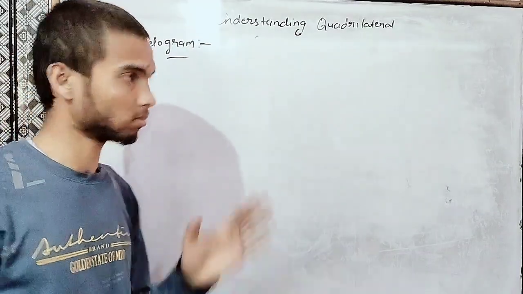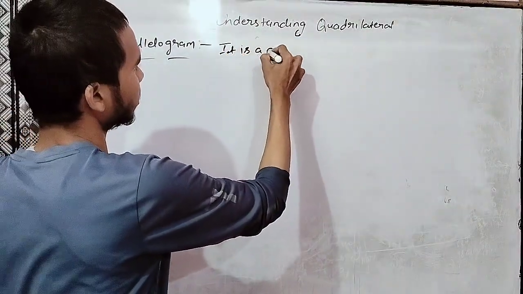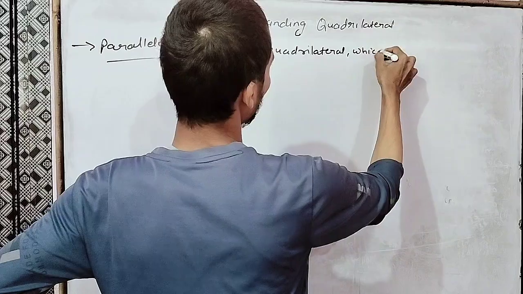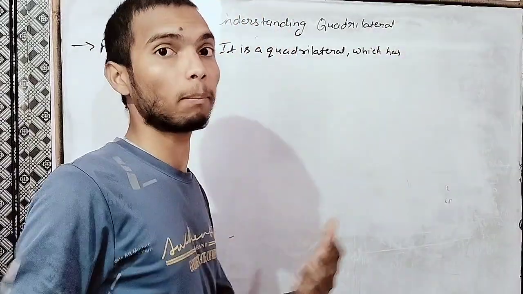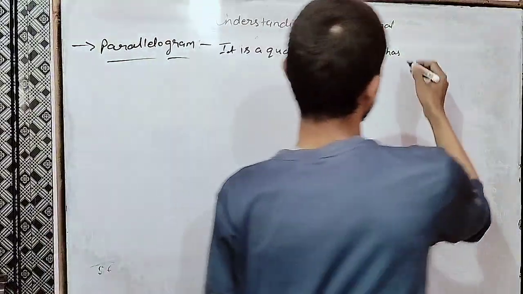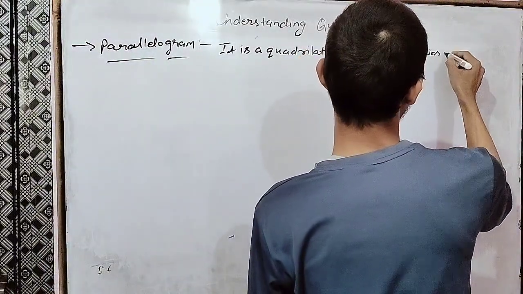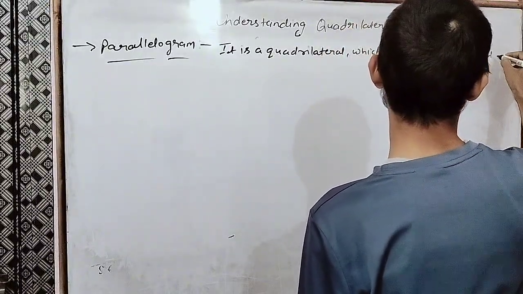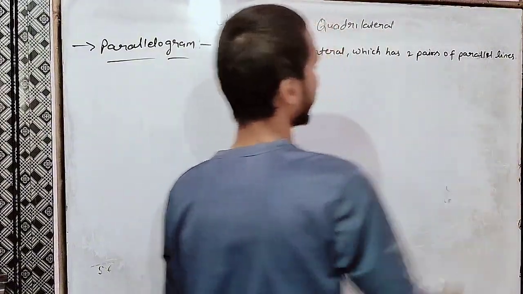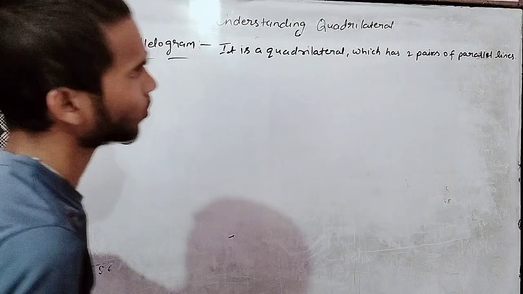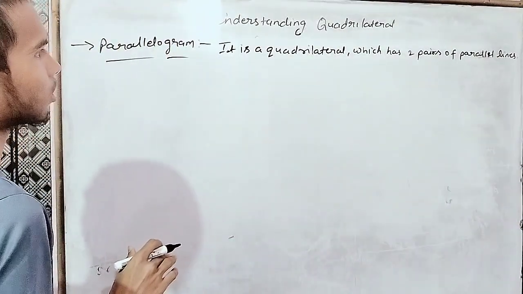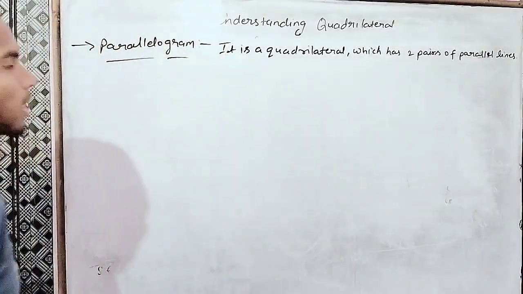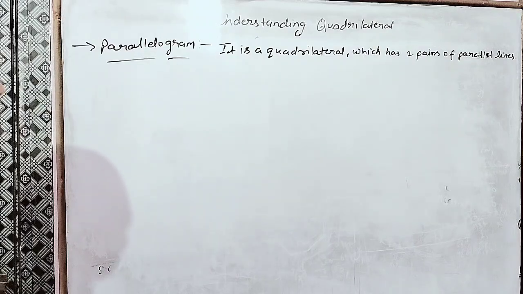A parallelogram is a quadrilateral which has two pairs of parallel lines. That's it.